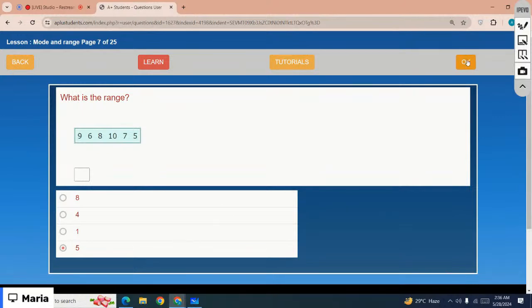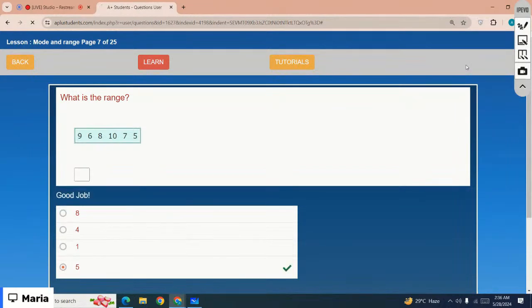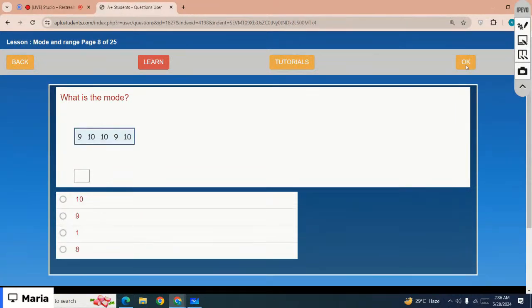That is 10 minus 5. The correct option is 5. Very good. What is the mode?